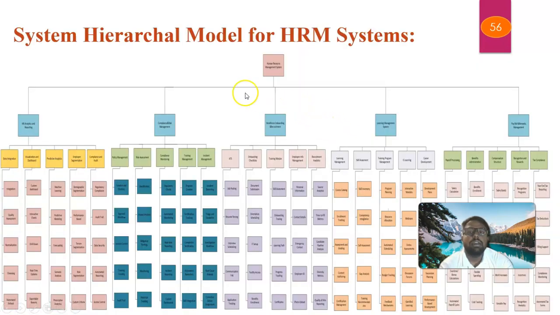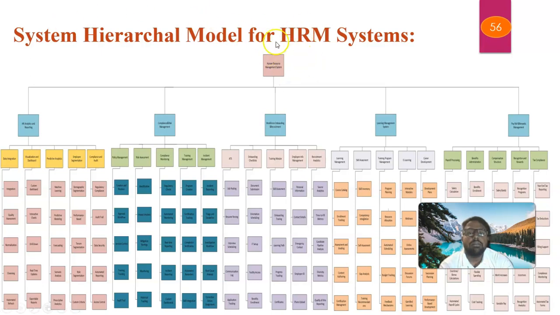Coming to the system hierarchical model for human resource management. The hierarchical model represents data in a tree-like structure. In this model, data is organized into levels of parent-child relationships.